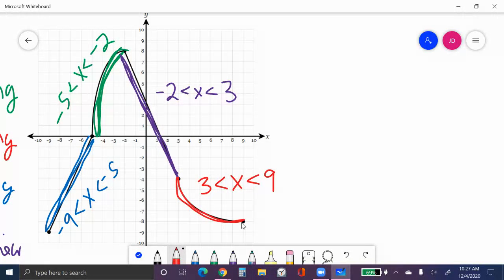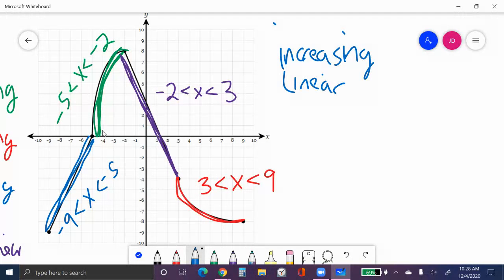Now we're going to describe them. For this part right here, the blue one, this is increasing and linear. I'm just going to color coordinate it. This part in here is also increasing, but it is nonlinear. I'll call this piece 1, and this one piece 2.